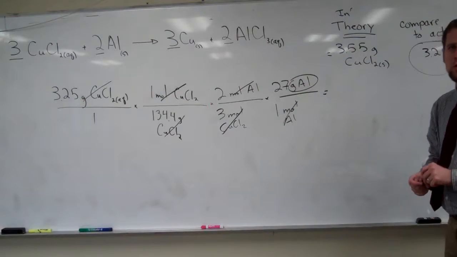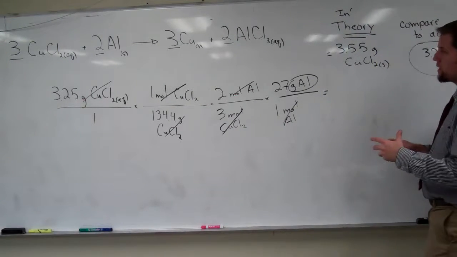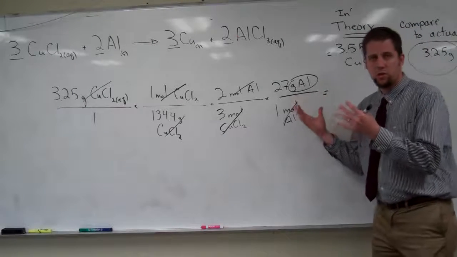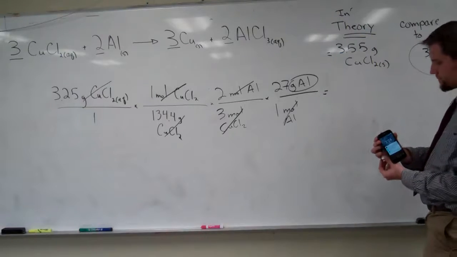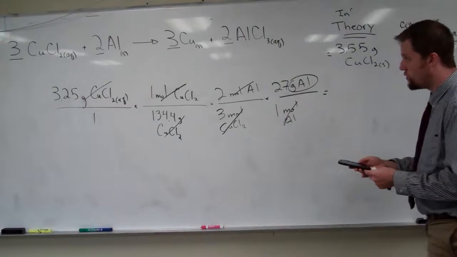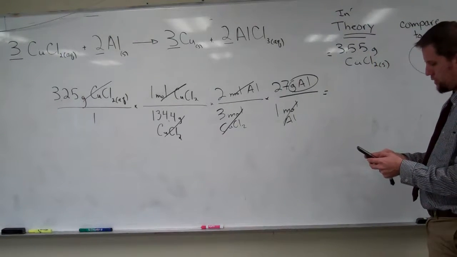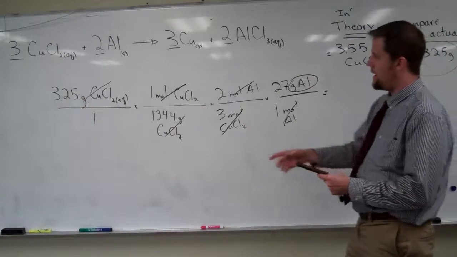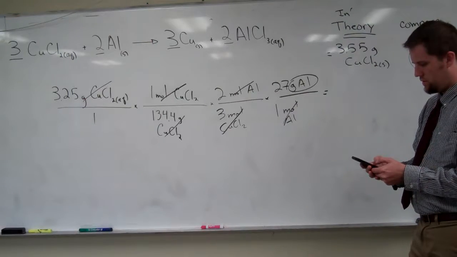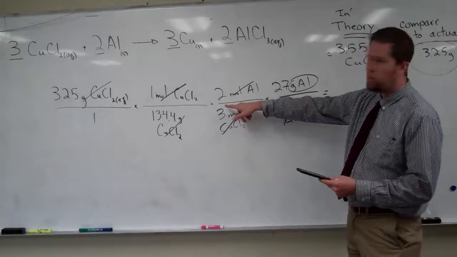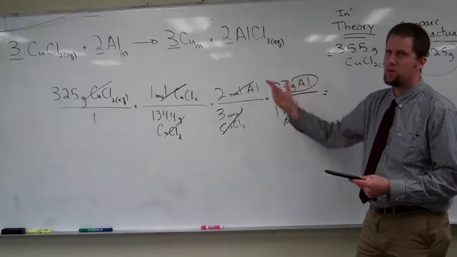So as we run this through, and as you check it out, you should get a number that tells you how much you'd expect. And so just quickly, we can do that together. Here, 3.25 grams of my copper chloride, 3.25, and I want to divide it by 134.4. Now, at this point, I want to multiply by 2/3, however you want to do that.